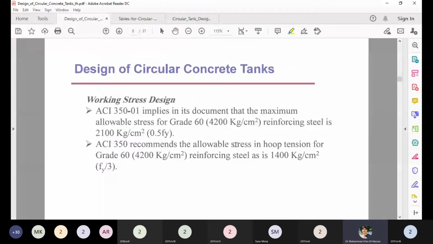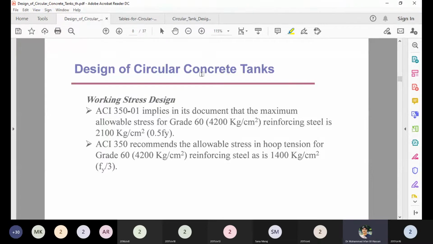One other aspect of the design methods is that if you are not following the strength design, then of course you are not applying those factors. But why should we follow the working stress method?